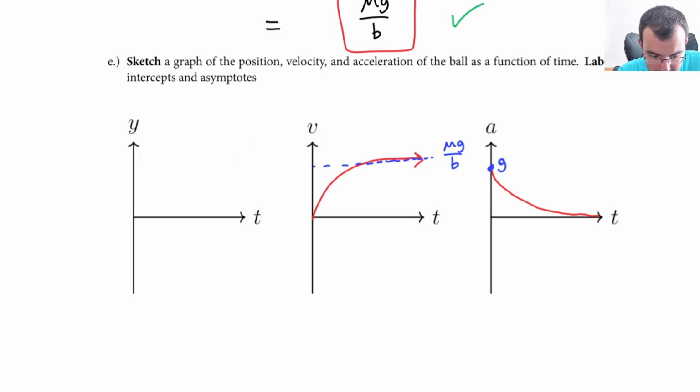So I would say, let's see. I need large positive slope, and it eventually flattens out. Keeps speeding up and up, though. Something like this.